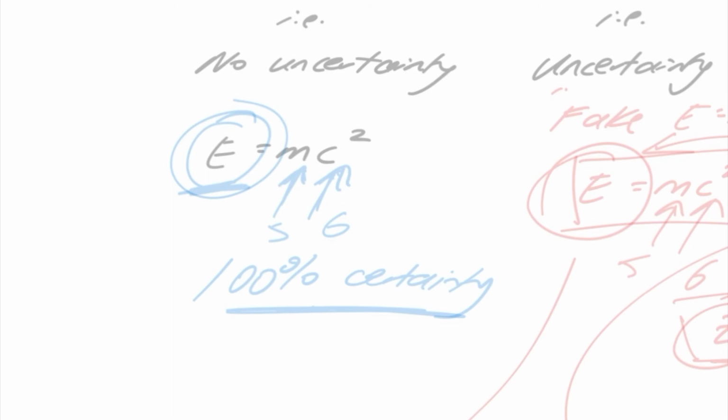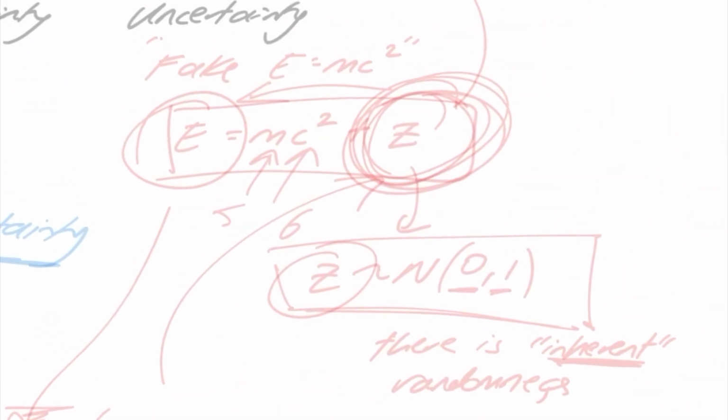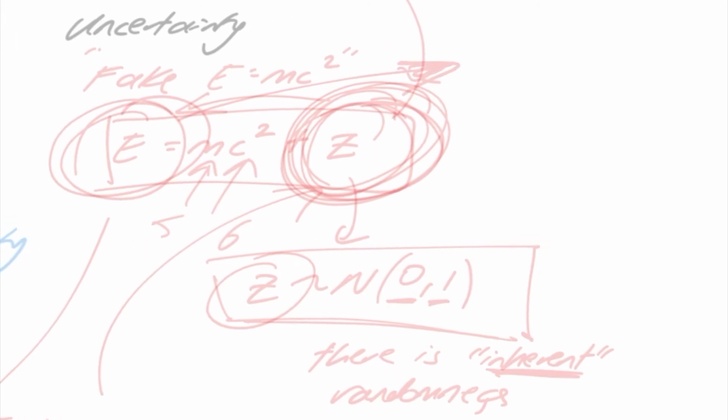But in this example, even though m is 5 and c is 6, because of this, E can be, I don't know, 162. It can be 108.38. It could be negative 97.2.